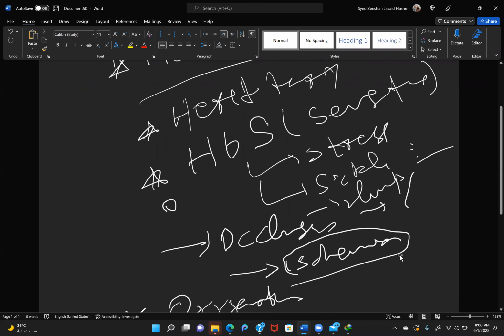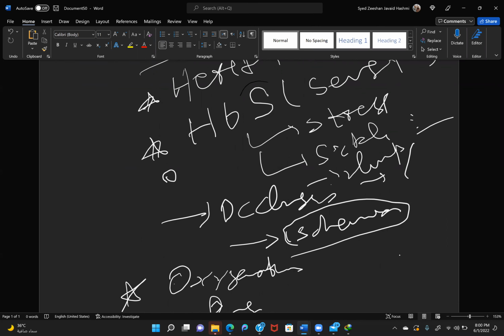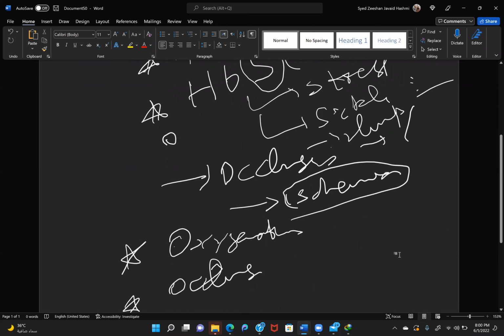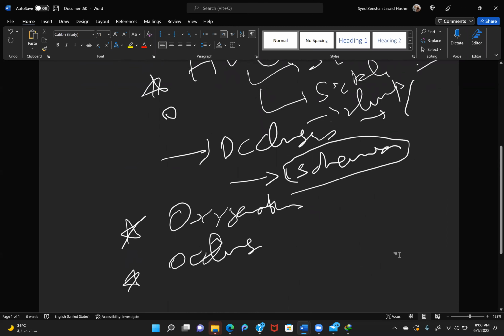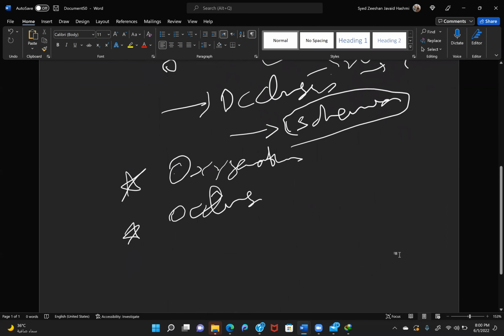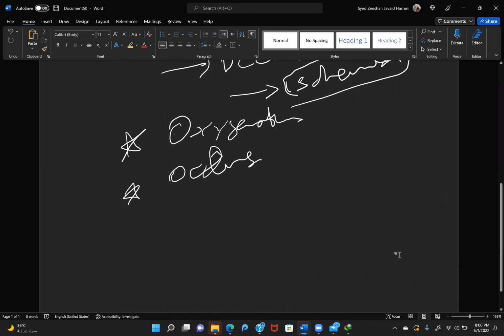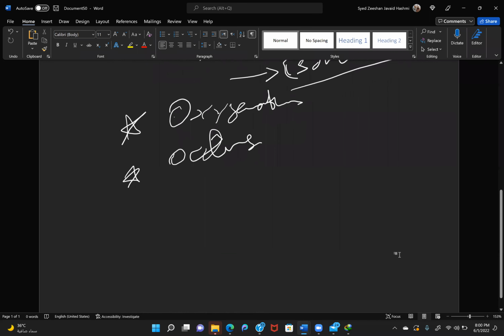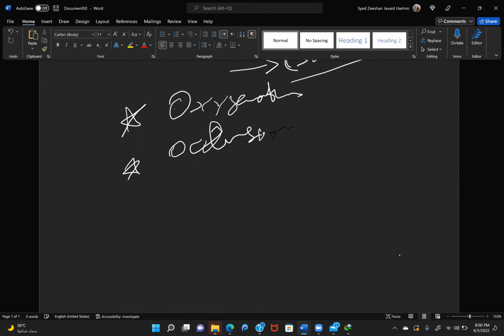Hemoglobinopathy, hereditary problem. There is abnormal hemoglobin S. This is sensitive. It does not tolerate the stress. It sickles, it clumps. There is occlusion and there is ischemia. So there is a problem related to oxygenation and a problem related to occlusion.